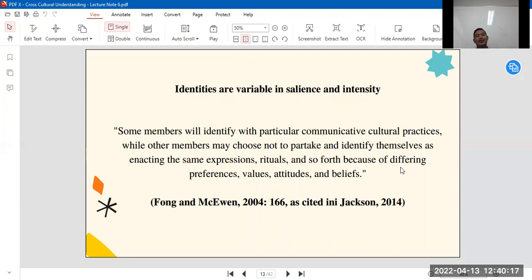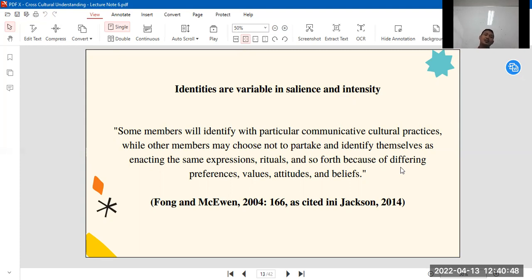Fong and McEwen, 2004, explained some members will identify with particular communicative cultural practices, while other members may choose not to partake and identify themselves as enacting the same expressions, rituals, and so forth because of differing preferences, values, attitudes, and beliefs.